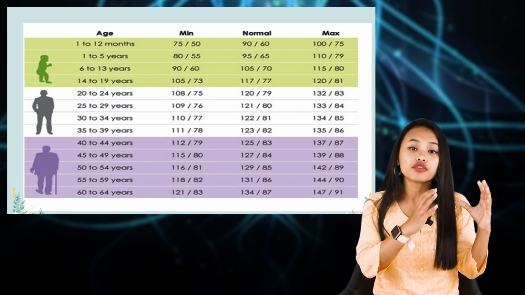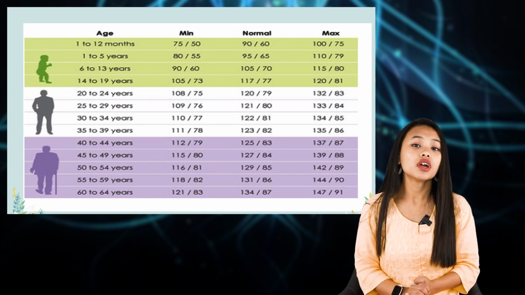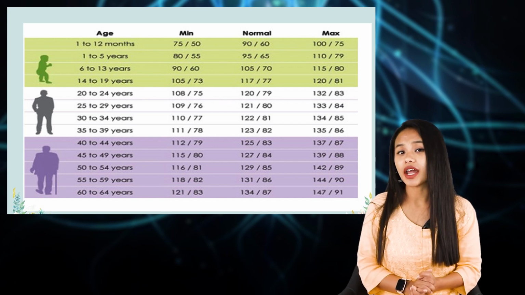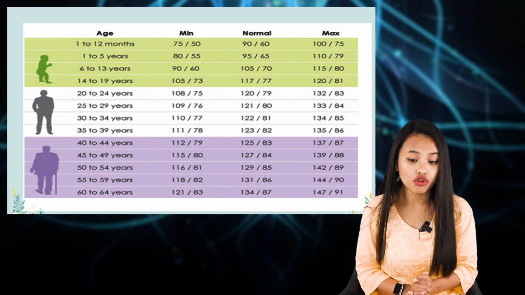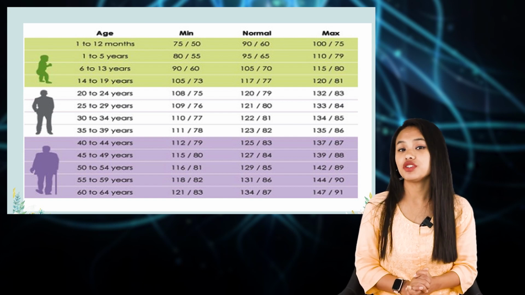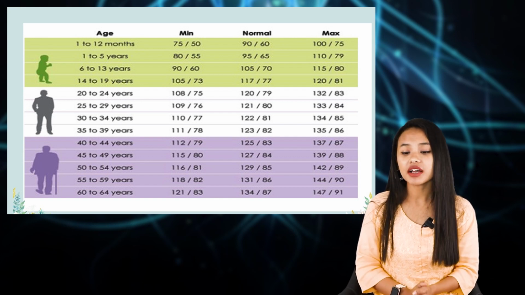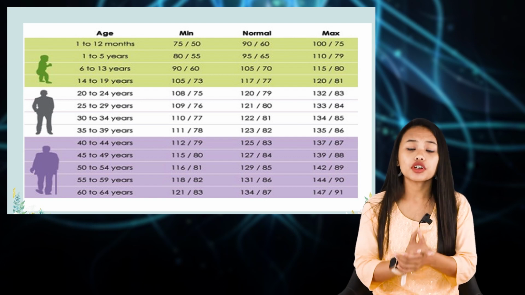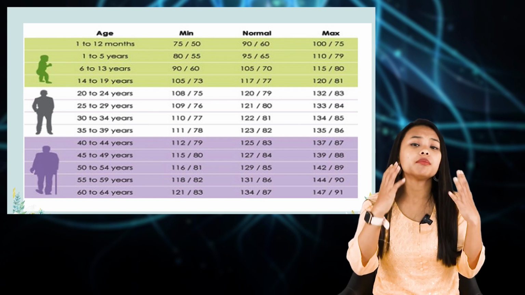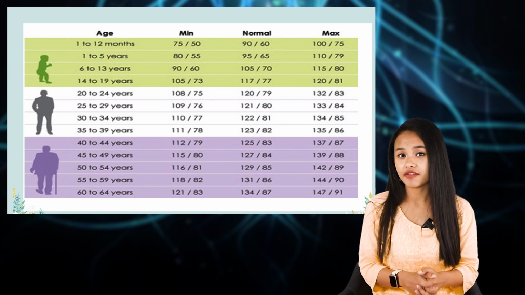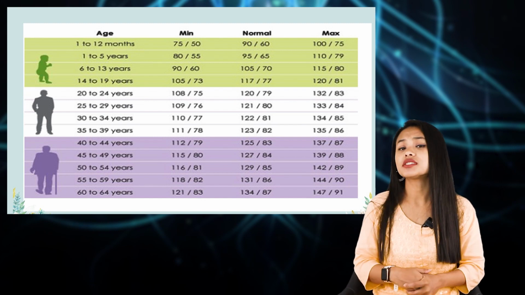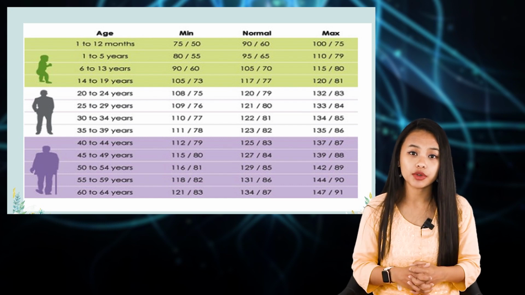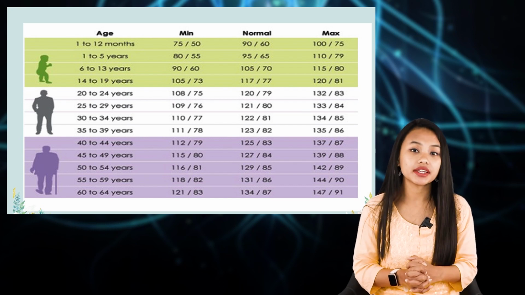And for those between 35 to 39 years of age, their minimum is 111 by 78, their normal is 123 by 82, and their maximum can be 135 by 86. For 40 to 44 years of age, their minimum can be 112 by 79, their normal is 125 by 83, and their maximum can be 137 by 87.